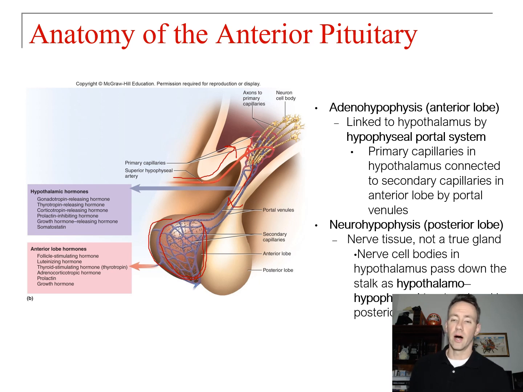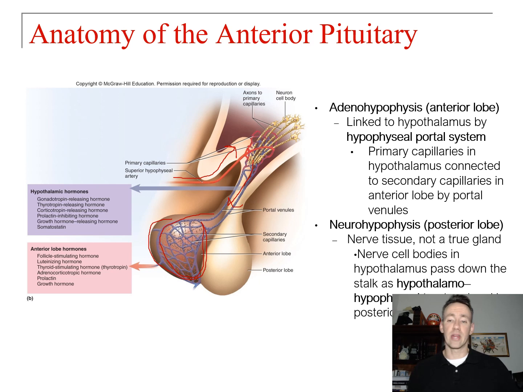And so that's referred to as the hypophyseal portal system, which is different than how the posterior communicates with the hypothalamus, because the neuron cell bodies are located in the hypothalamus and they send neural projections directly into the posterior pituitary, which again is an extension of the nervous system. So it doesn't need this portal system.